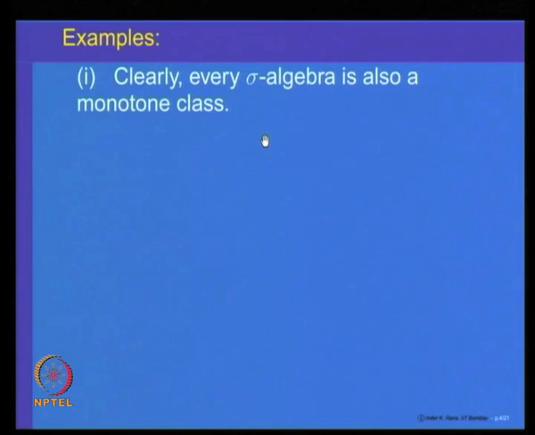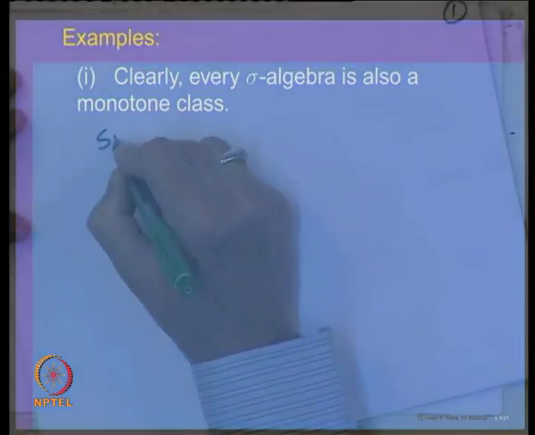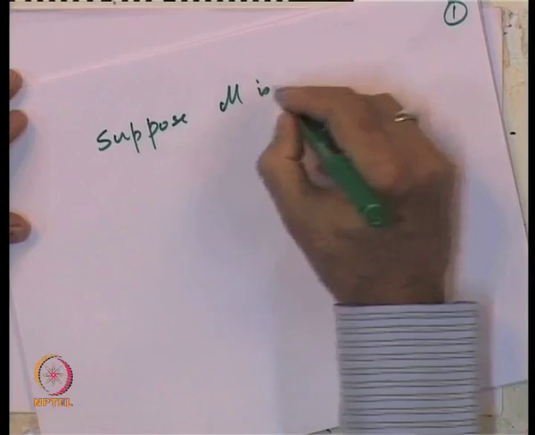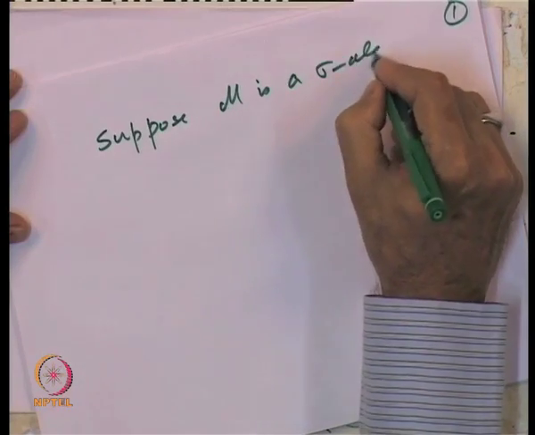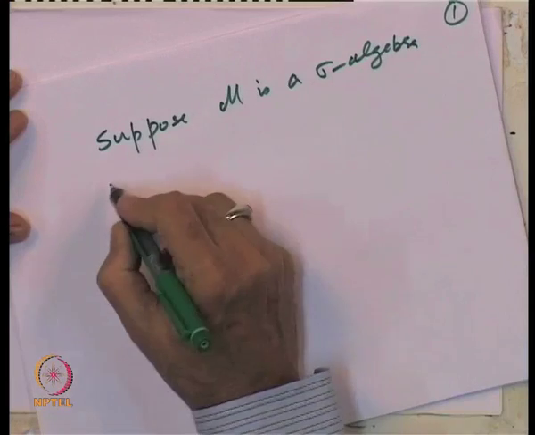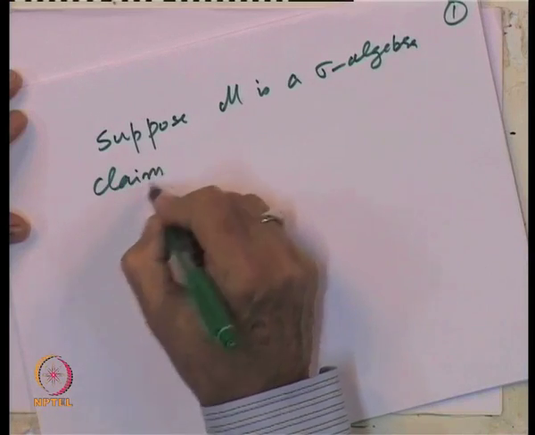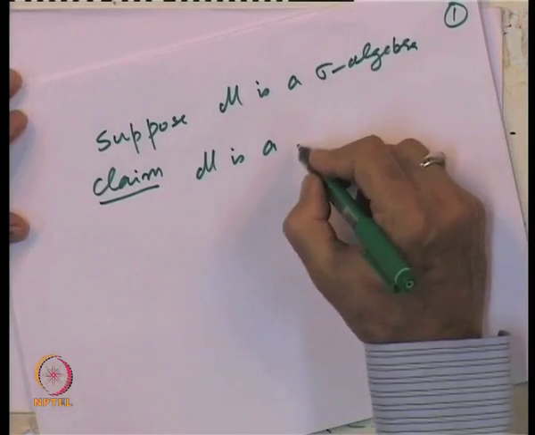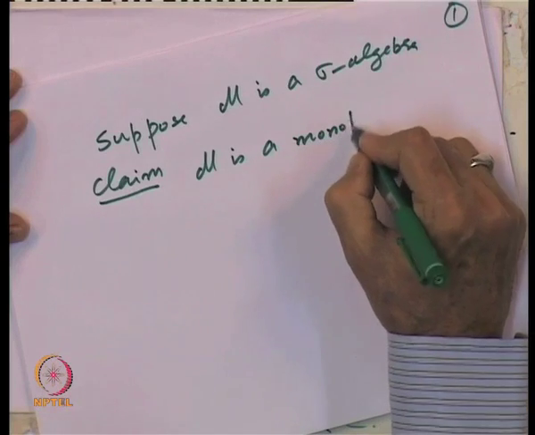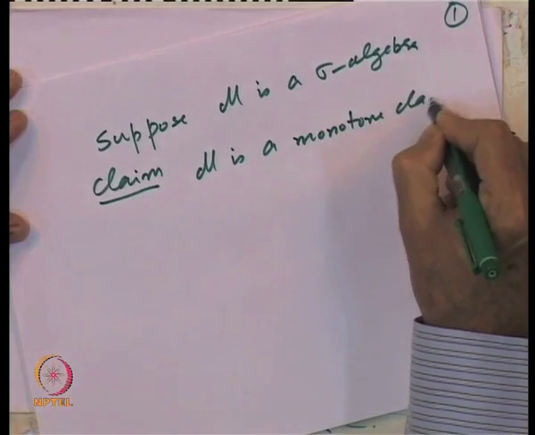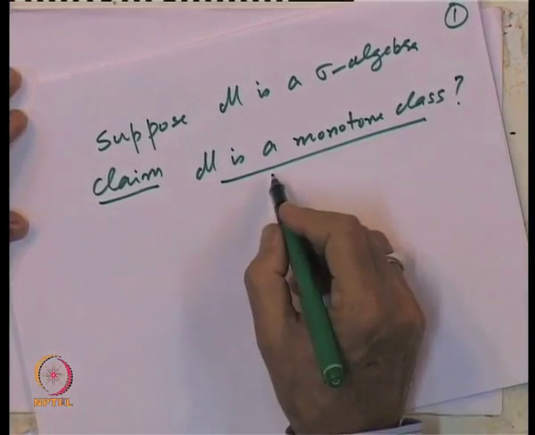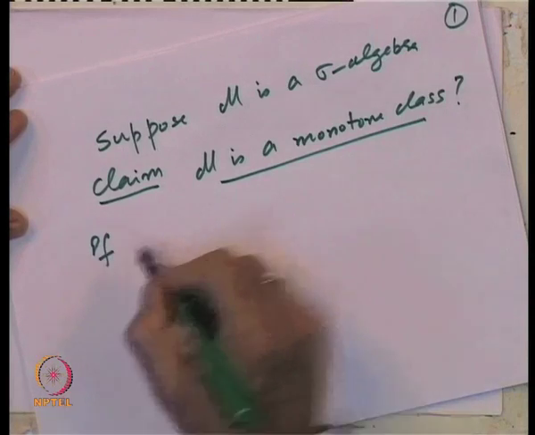So, let us write this property down. Suppose M is a sigma algebra. Claim: M is a monotone class. To prove this, how do we go ahead?